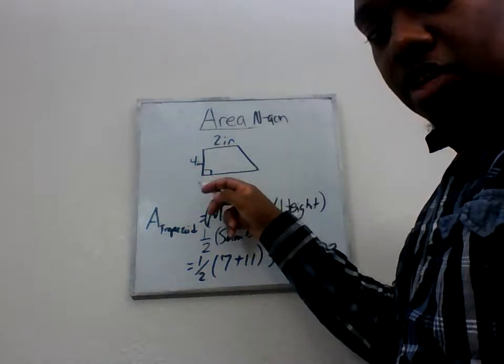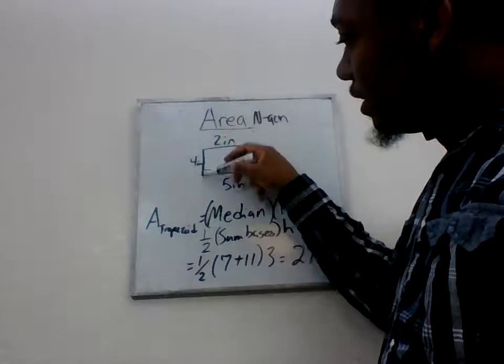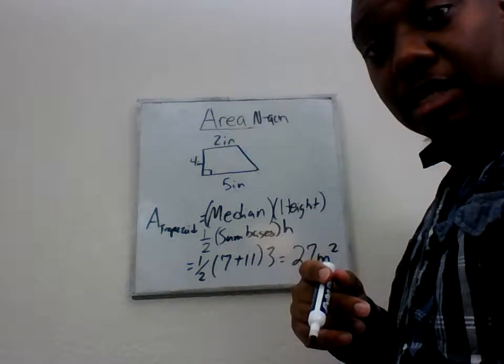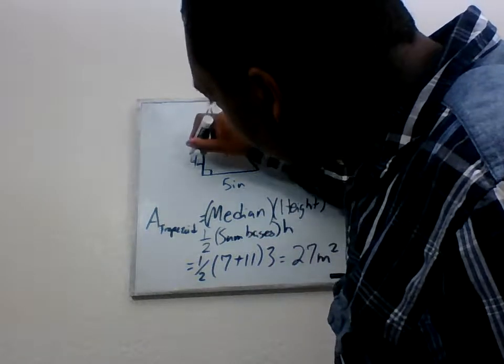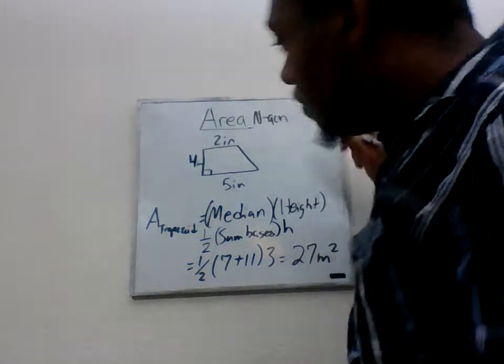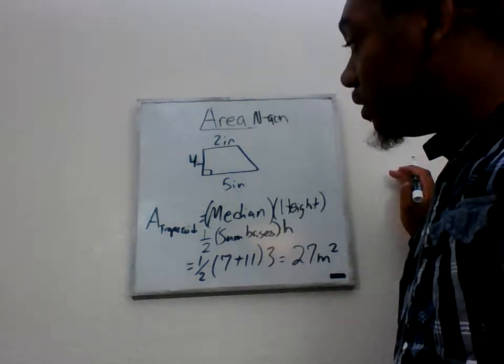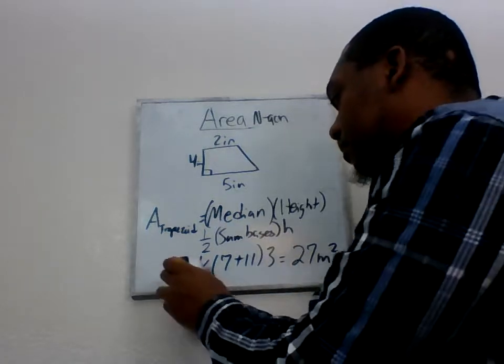This leg of the trapezoid, remember legs are the two sides that aren't bases, actually forms a right angle with the bottom base. That's important to know because that means that it is the height. Good. So we have a height of 4. We have two bases, one of 2 inches and one of 5 inches. And we're going to find the area of the trapezoid.